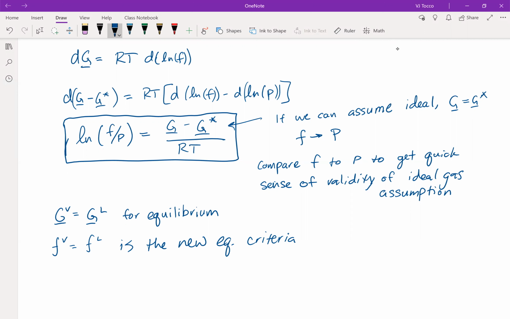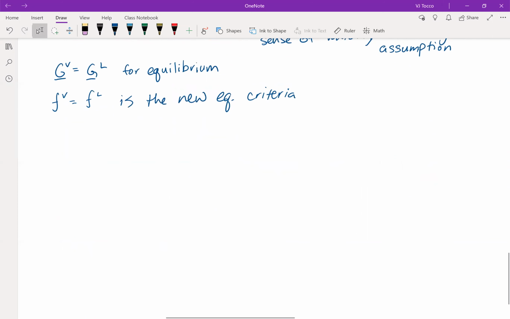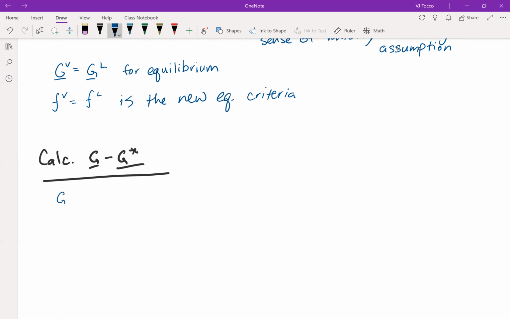All right, so let's back up and get an expression for the departure function of Gibbs free energy, G minus G star. Let's start by saying that G is equal to H minus TS, and these are all molar properties.